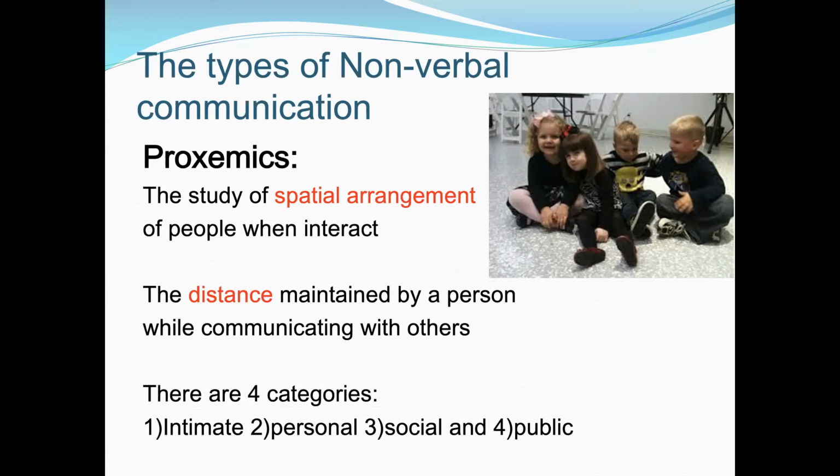Right? It's interesting. But that means individually, intimate distance and social distance are different. Right? You feel it's too close if somebody comes close to you from a certain distance.